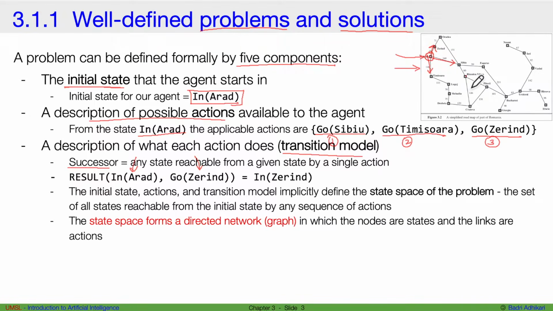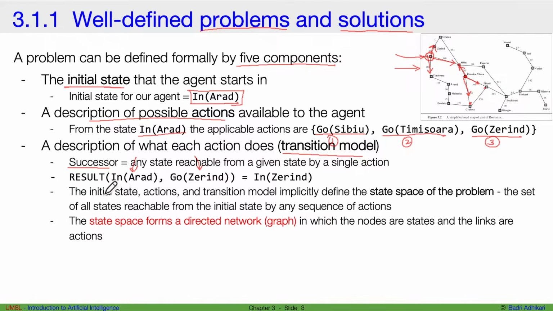So if you are at this city, let's say Rimnicu Vilcea, then the possible actions that you can take are either going to Sibiu or Pitesti or Craiova. So then the successor states are these 3 possible cities for the current city that you have.